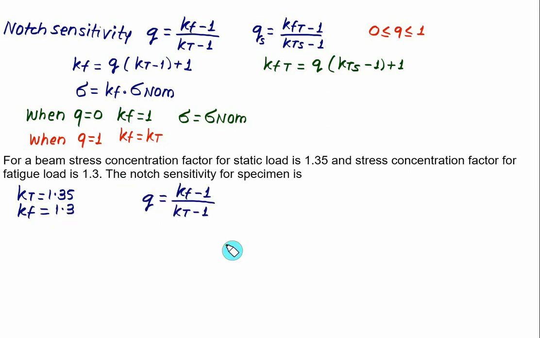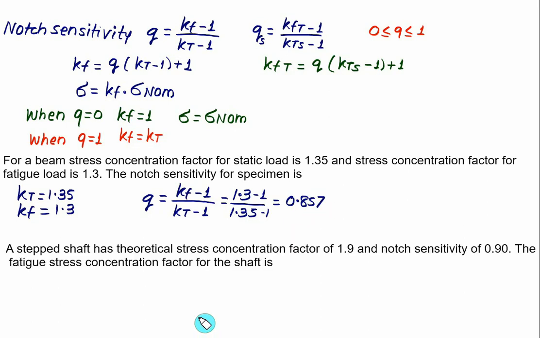So the notch sensitivity Q is the fatigue stress concentration factor minus 1 divided by the theoretical stress concentration factor minus 1. We have Kf equal to 1.3, minus 1, divided by 1.35 minus 1. That is 0.3 divided by 0.35, which is very close to 0.857. For a GATE examination, just prepare the definition of notch sensitivity.